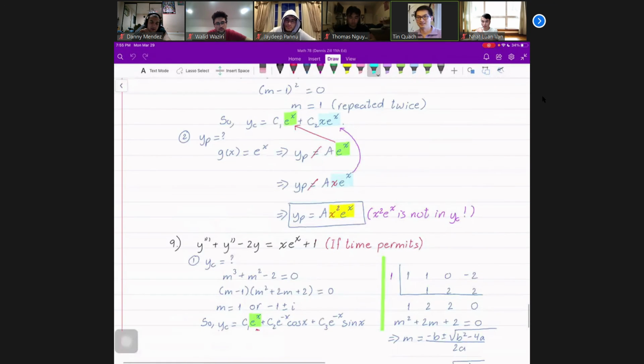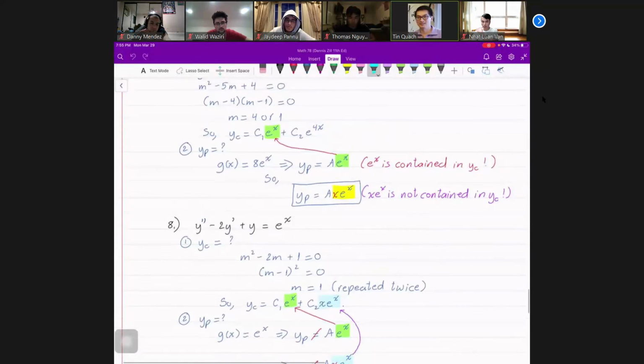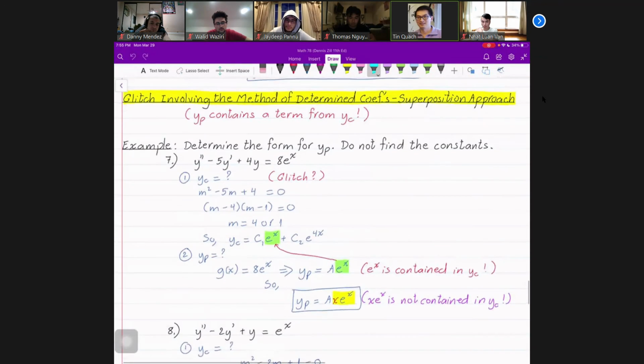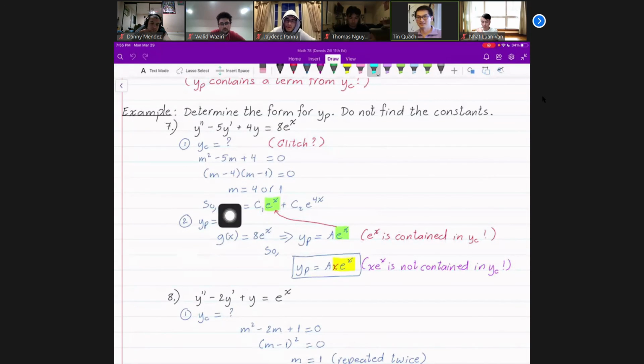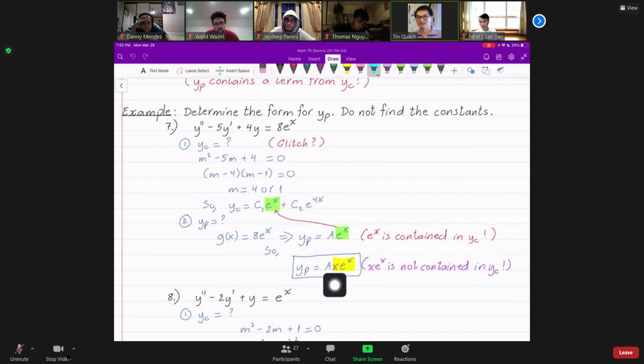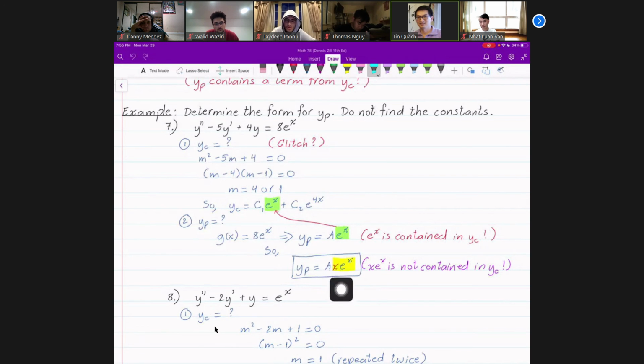So for 4.4, right here, you should always find y sub c, all right? Because if you don't, then whatever you get for y sub p, you assume that it is y sub p, but it is not, because this one contains it in there. So just make a note, go back and study example 7 from 4.4. Always find y sub c to check and make sure that y sub p does not contain any of its terms. If it does, you have to multiply y sub p by an x, and continue from there. So that's one thing I want to point out.